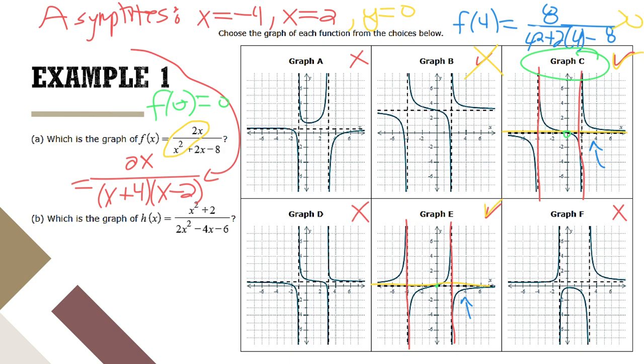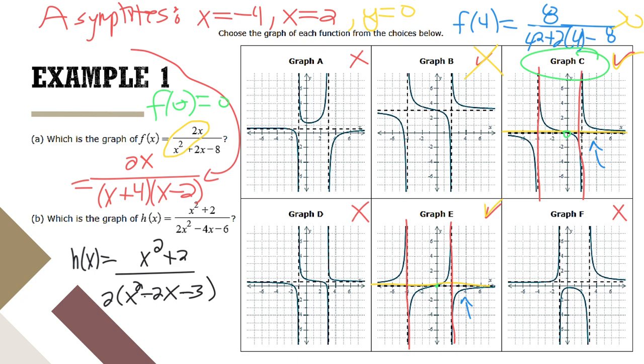So now we're going to think about the rest of it. So let's look at the last one. So when we rewrite, h of x is in fact equal to x squared plus 2. We're going to factor out a 2, which gives me x squared minus 2x minus 3.